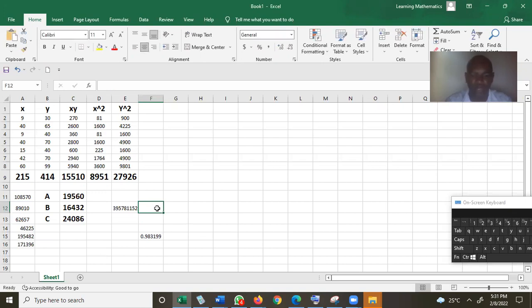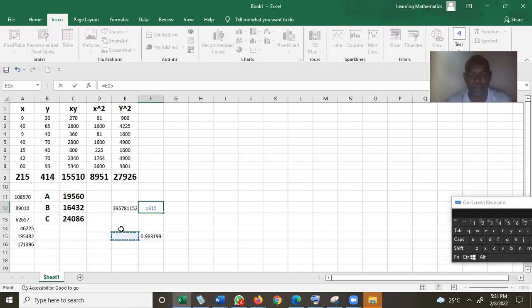Right. So here now, we are going to equal this. I want to find the square root of this number.